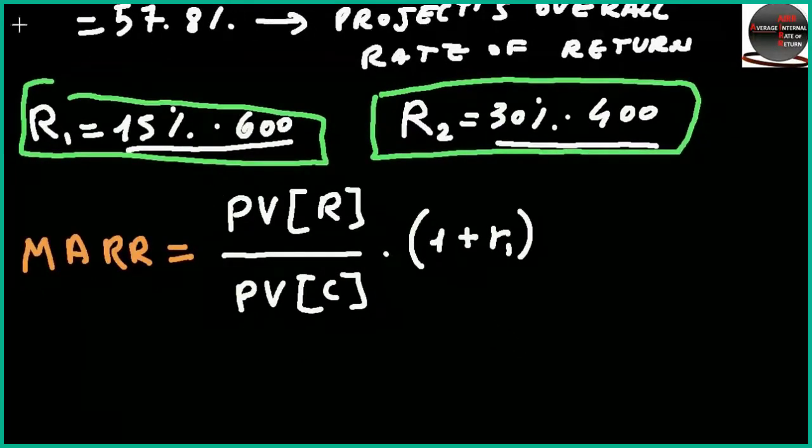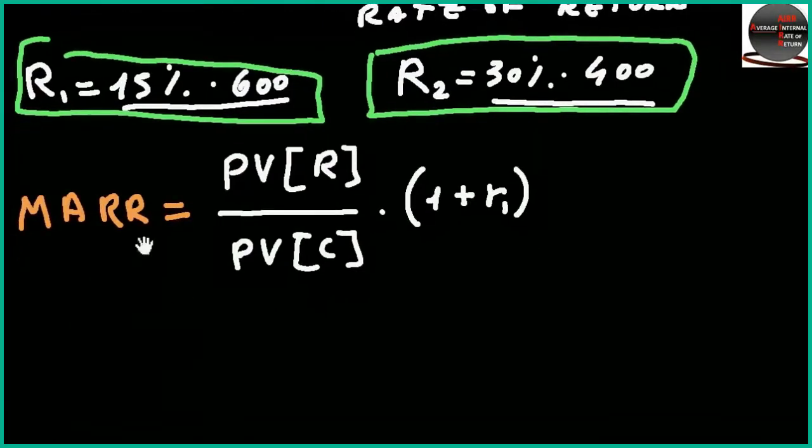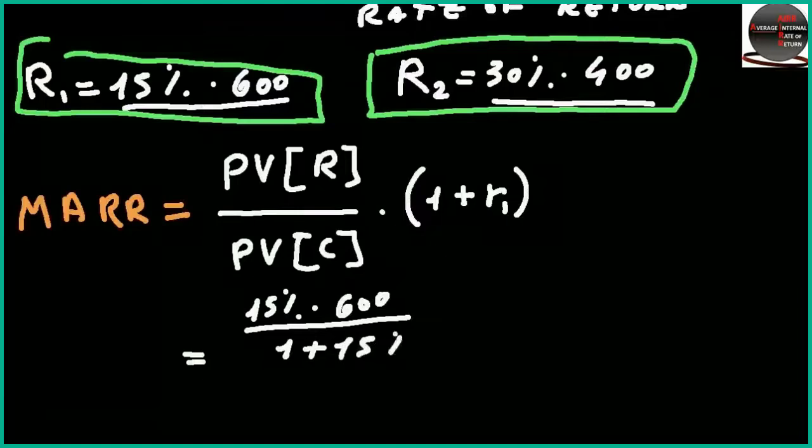So we have that the first return is the 15% of 600, which we divide by 1 plus 15%.